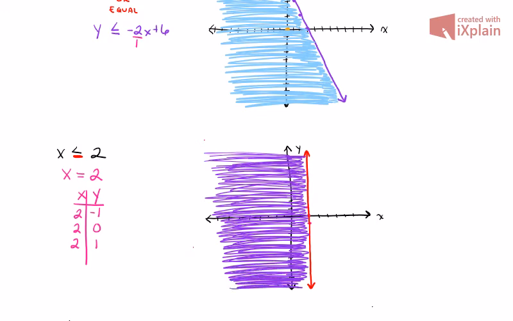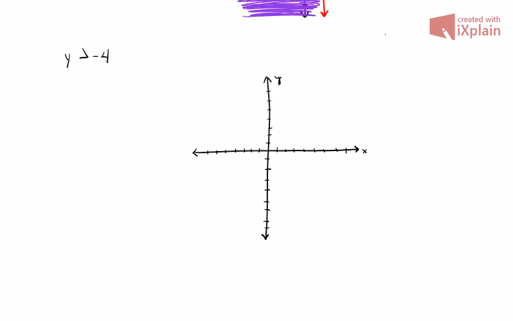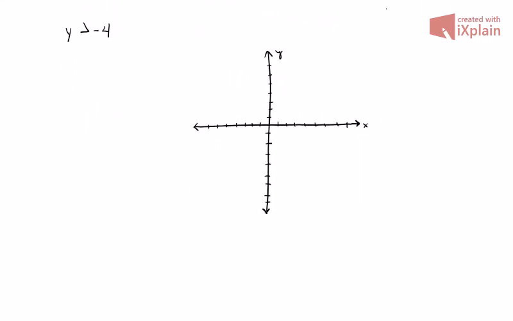So let's go ahead and take a look at an example where it is greater than. Again, in this situation, what you might want to do is try rewriting it with an equal sign, just to bring back a certain level of familiarity if the inequality sign is throwing you. If it's not, then don't feel the need to do this extra step.